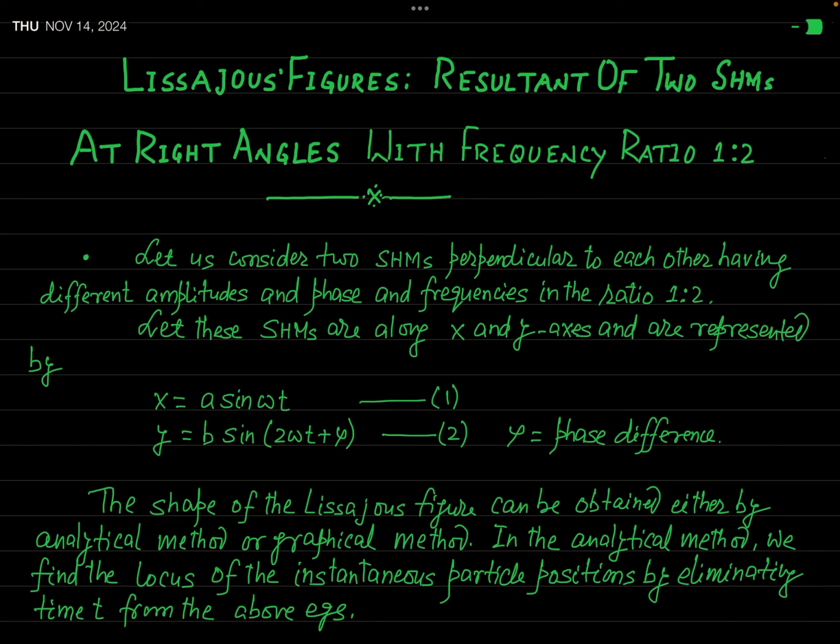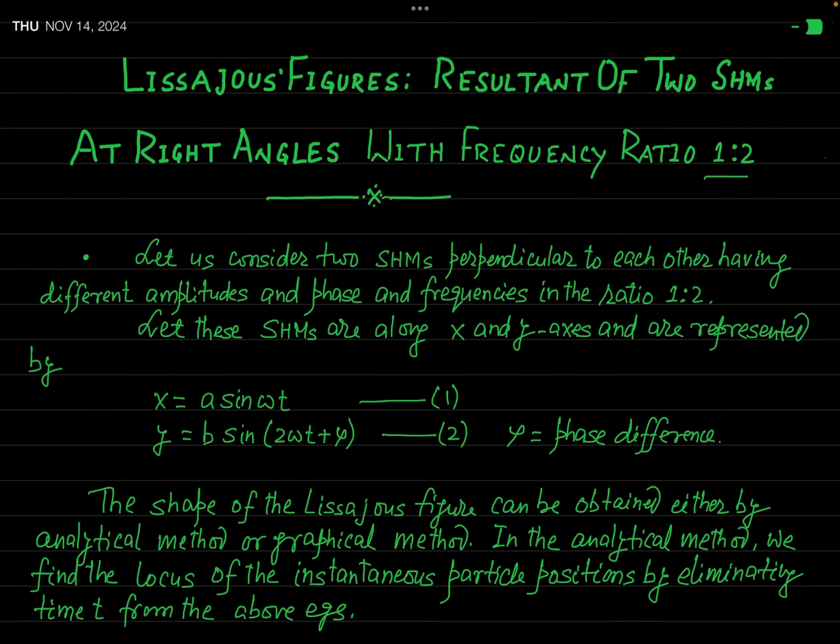Here again I am choosing a very simple case. In the first problem we will consider that the ratio of the frequencies of the two SHMs is 1:2. It means if the frequency of the first SHM is omega, then the frequency of the second SHM will be 2 omega.